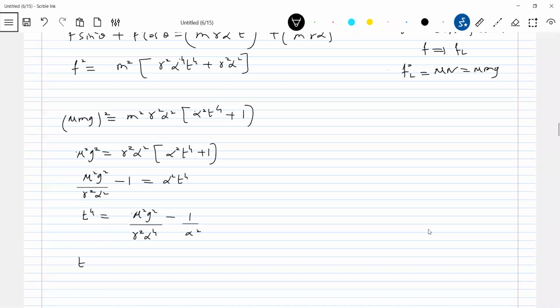This is t equal to the power of 4 it is. This is the time. So how to get that omega? Omega is what? Alpha t. Then we'll get that omega. This value of t I'm going to substitute here.